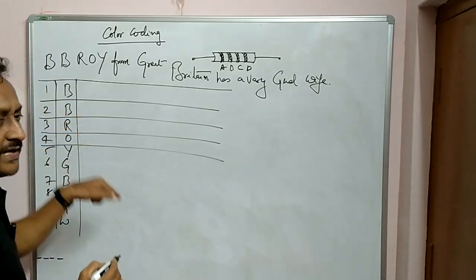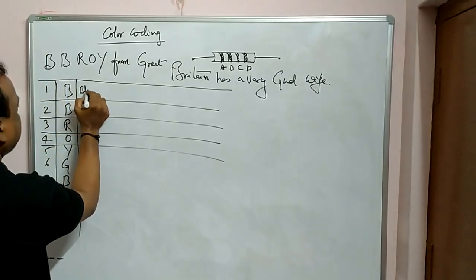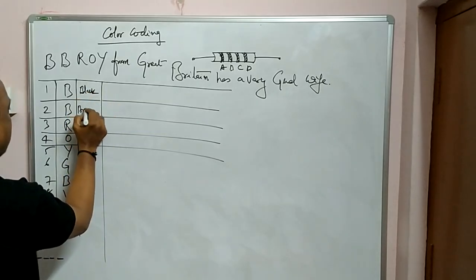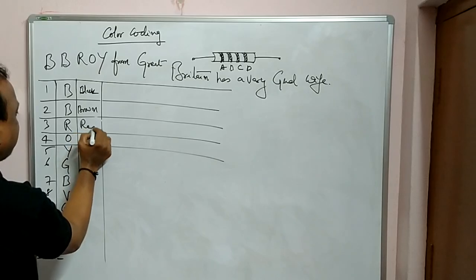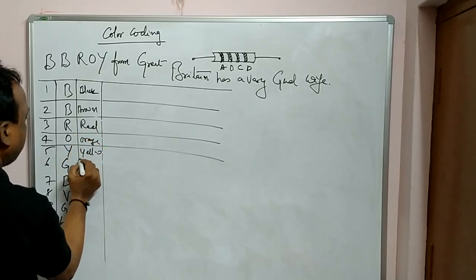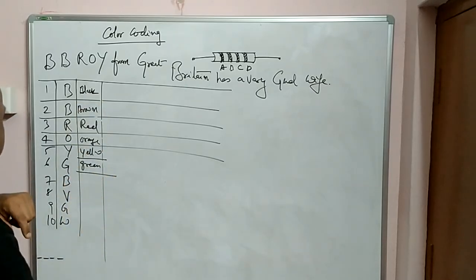Starting from dark to light. The darkest of all is black. Next brown, then red, orange, yellow, green. Dark colors to thin colors.